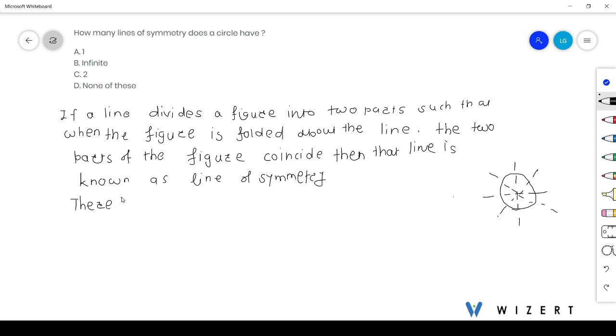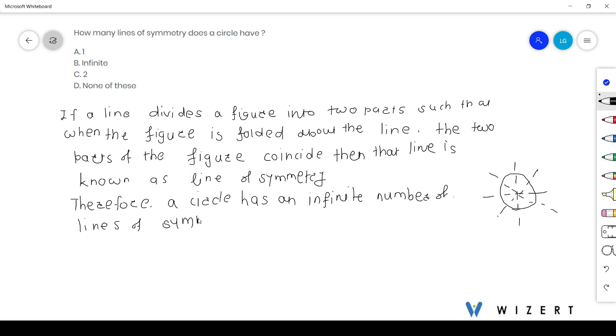Therefore, a circle has an infinite number of lines of symmetry along the diameter.